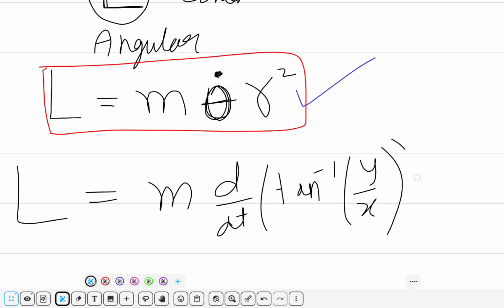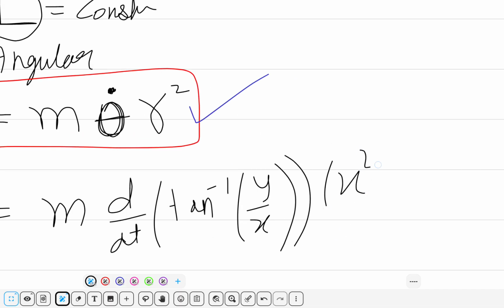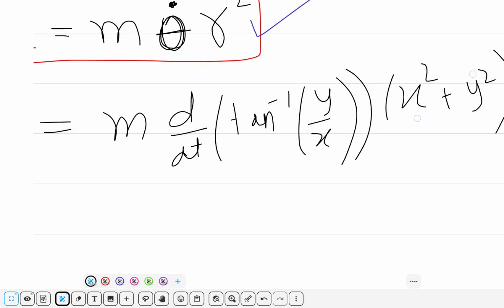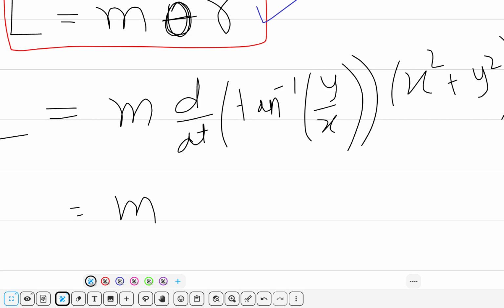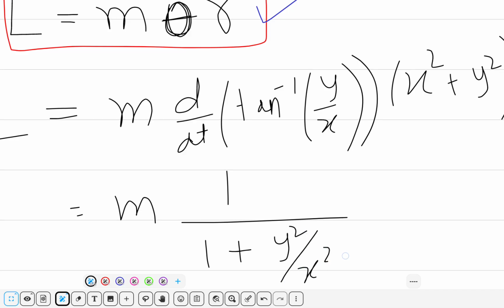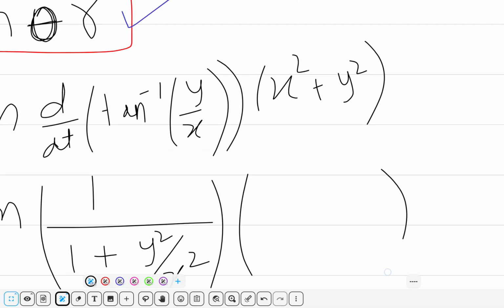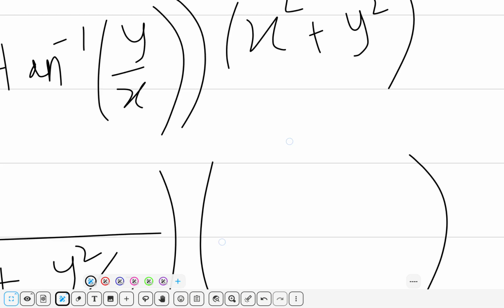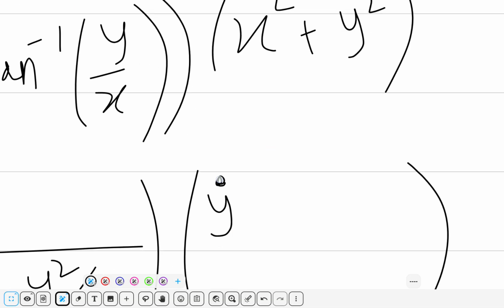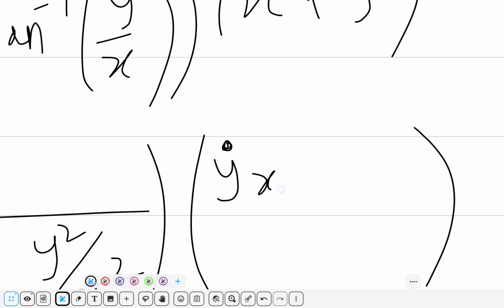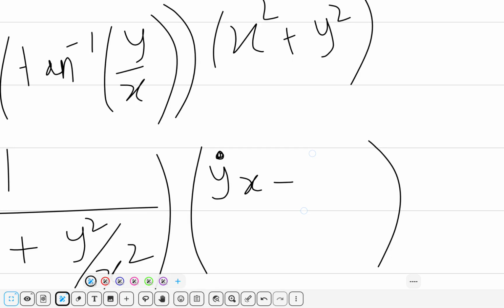It's very ugly. This is a, but this is equally correct. I am just doing some math, don't worry about it.